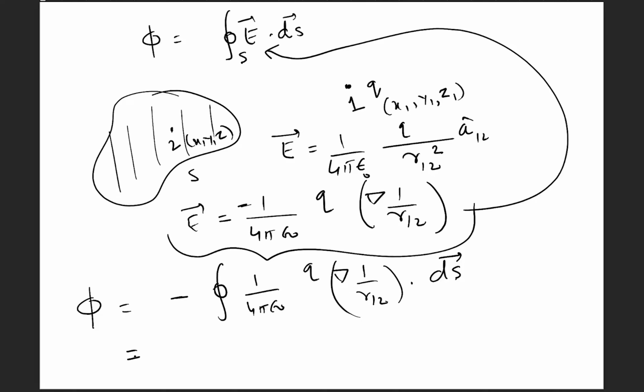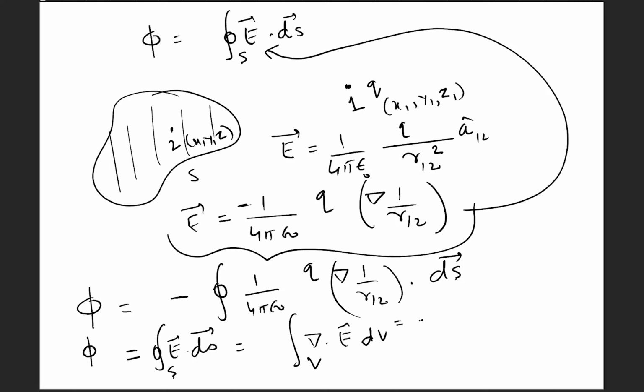Now we can use Gauss divergence theorem to convert this thing into the divergence of something and a volume integral. So by using Gauss divergence theorem, this phi is equal to E dot ds is equal to del dot E dv over volume V, which is enclosed by this surface S. So what can we write?